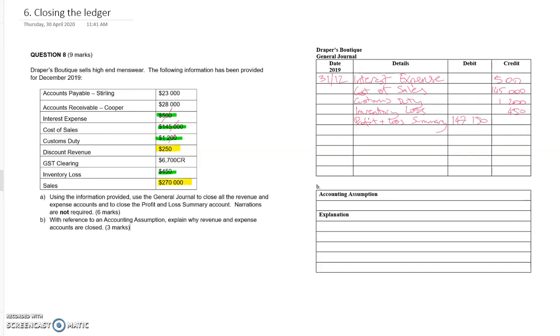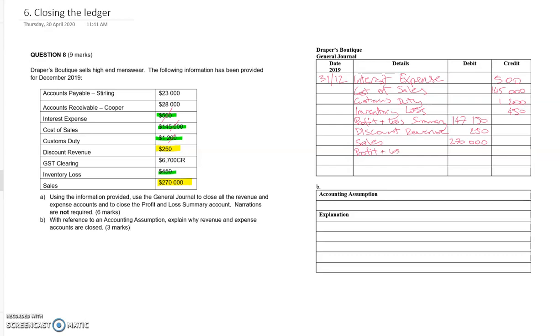Now we need to then close off our revenue accounts, which will have, sorry, they will have credit balances. So to close them, we will need to debit them. So discount revenue, we will debit that for 250. Sales, we will debit that for 270,000.